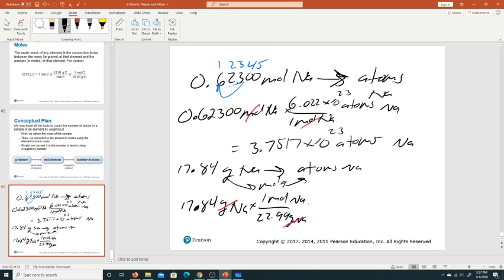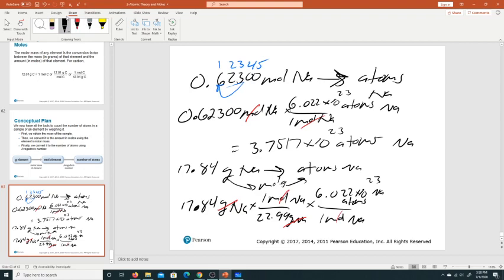If you don't, please refer to my Module 7 video from my Chem 1025 notes. Now that gets us moles of sodium. 1 mole of Na is 6.022 times 10 to the 23 Na atoms. So the moles cancel.